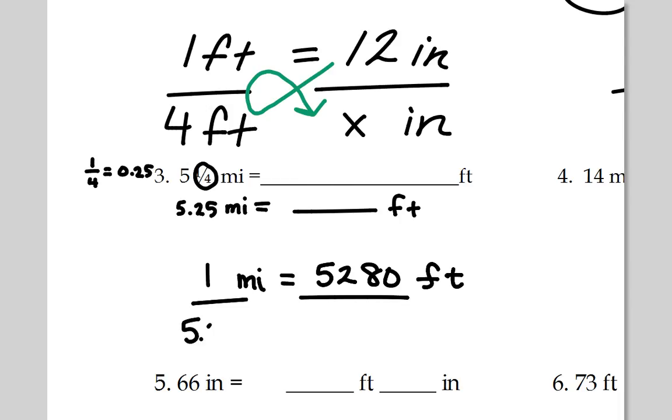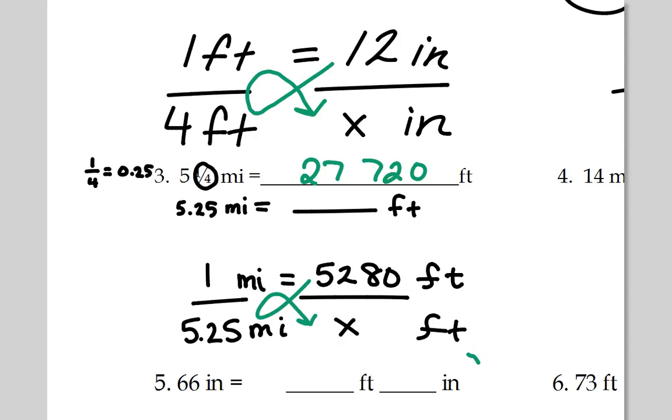I got miles. Put it here. And then this is x feet, and then I can cross multiply. Timesing those two and dividing 1. 27 something? 27,720, is that right?